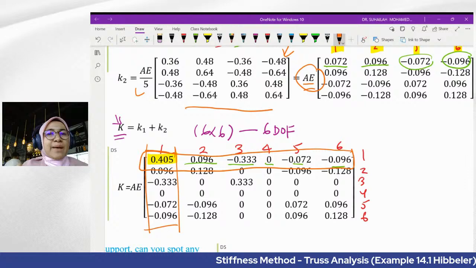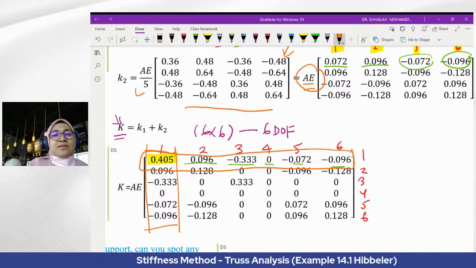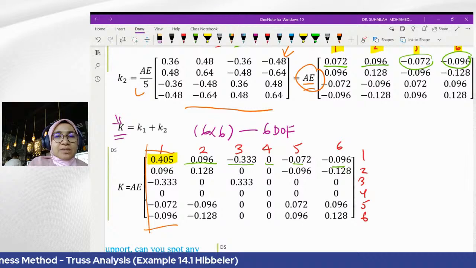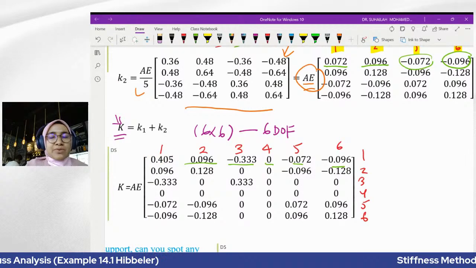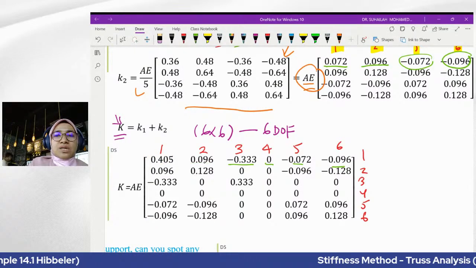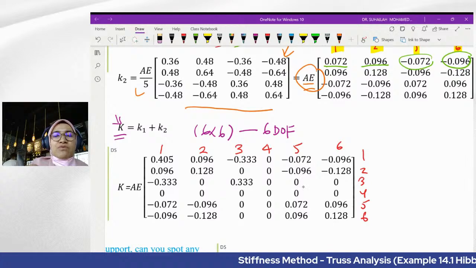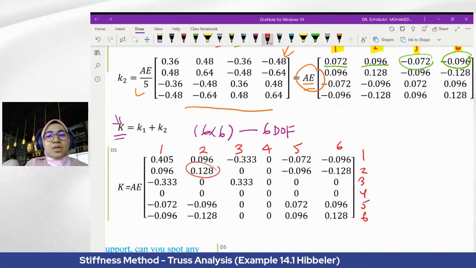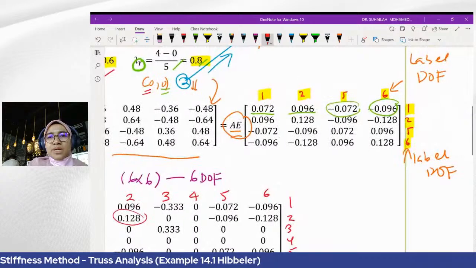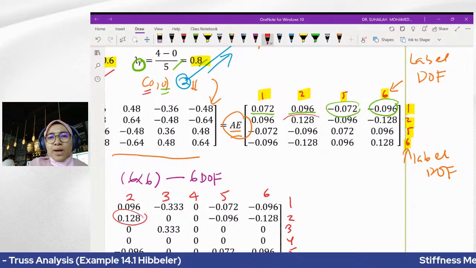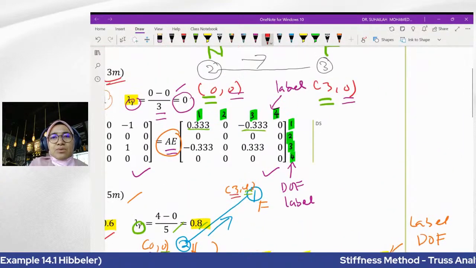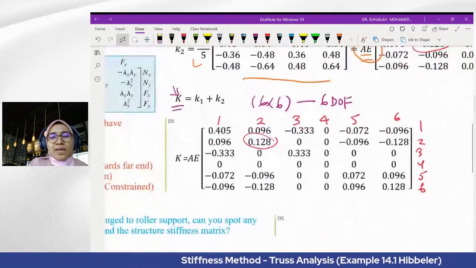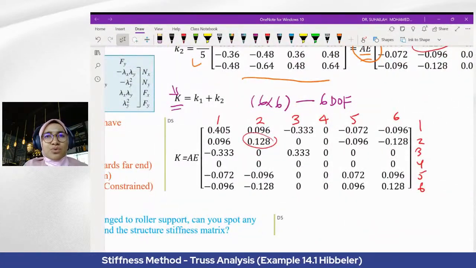The matrix characteristic is symmetry. So we continue to calculate the value for position 2, 2. We get 0.128 plus 0, since 2, 2 in the other matrix is 0. So that is why we get 0.128.